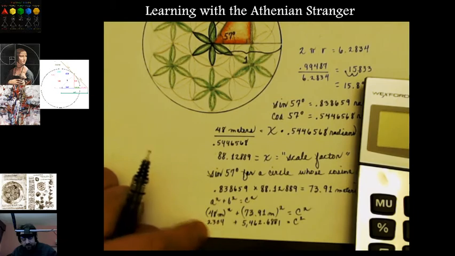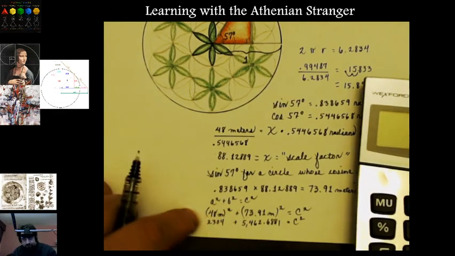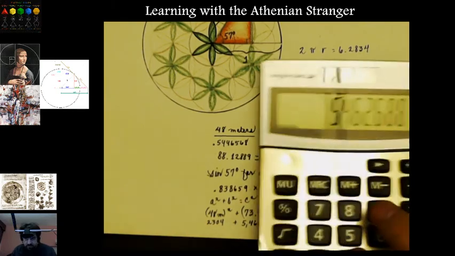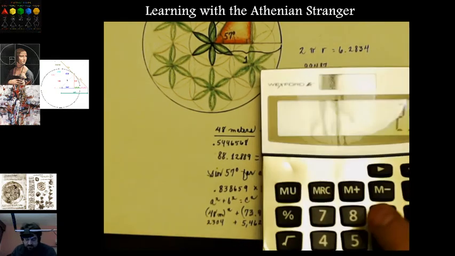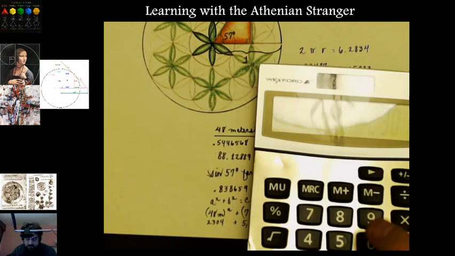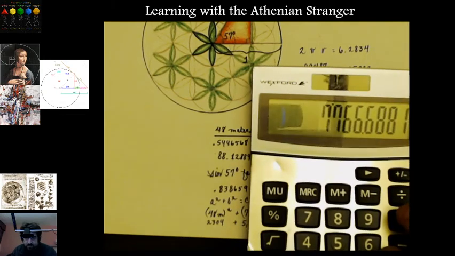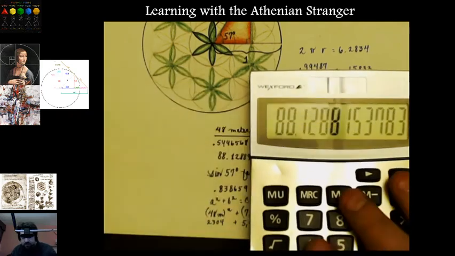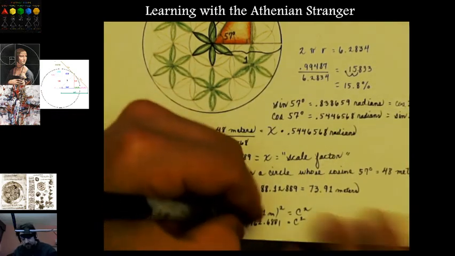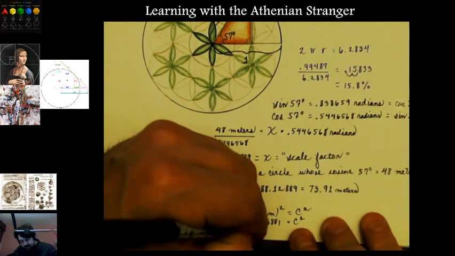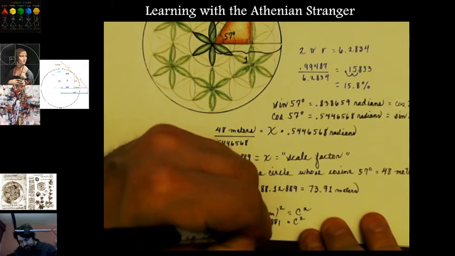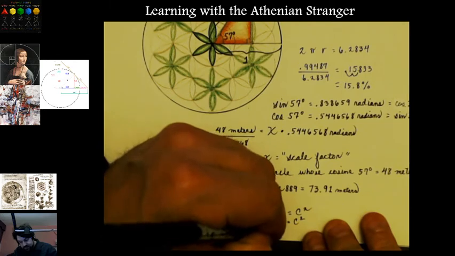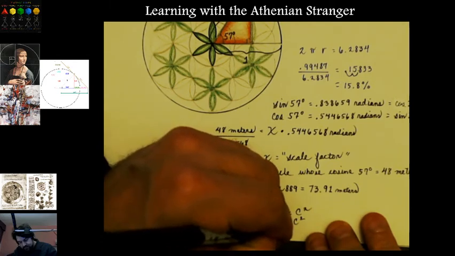So C would be the square root of this sum. So I'll just add back this number here, 2304, and then I'll take the square root of that number. That gives me 88.1288. 88.1288 equals C.